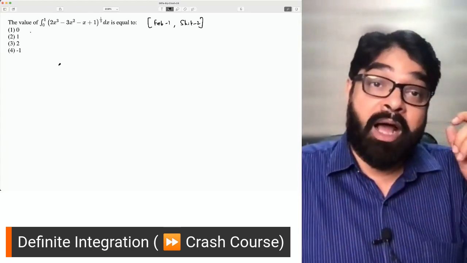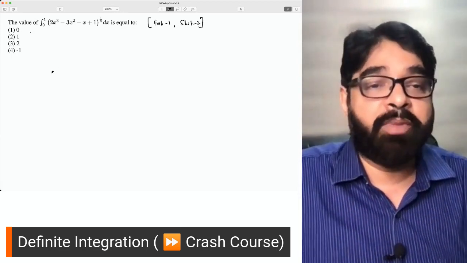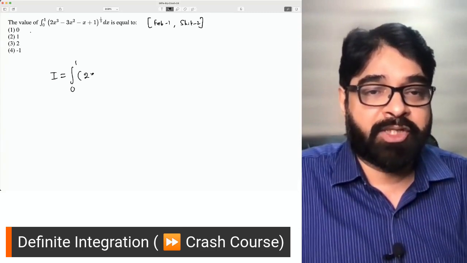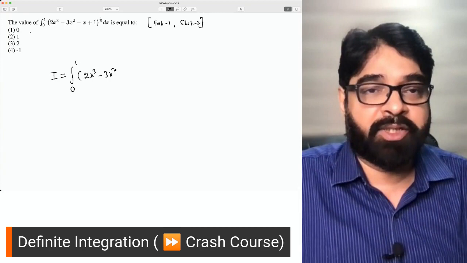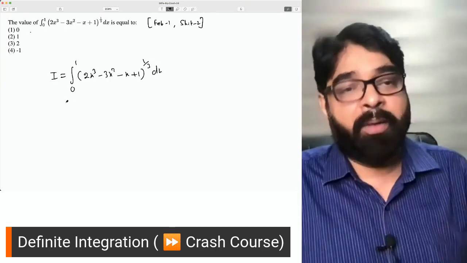So if any idea is not coming, I will suggest you one thing. Assume I as the integral from 0 to 1 of (2x cube minus 3x square minus x plus 1) power 1 by 3 dx. Now apply the King formula.